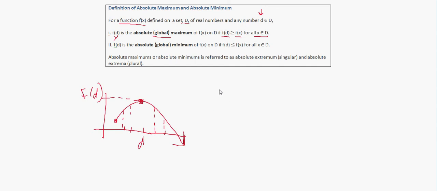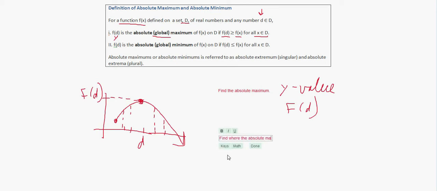So there's two kinds of questions that you might ask. They might say, find the absolute maximum. Well, the answer to that question is f of d, it's the y value. Okay, so this is the y value that it occurs at, and it's just f of d. Or instead of find the absolute max, they can say find where the absolute max occurs.